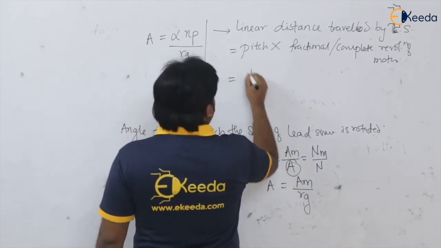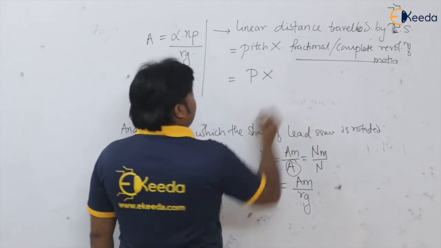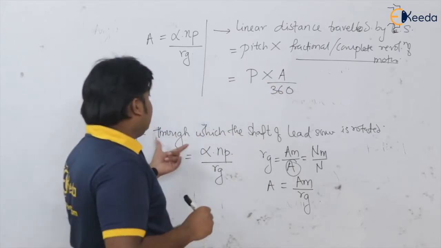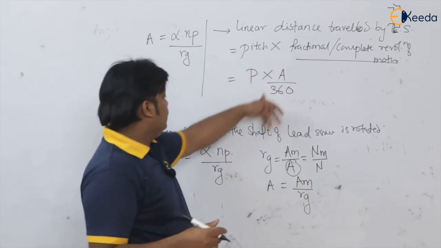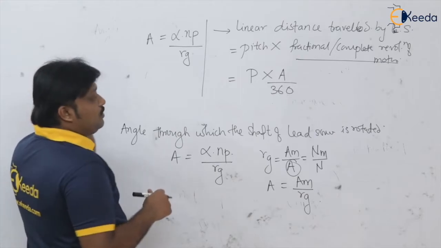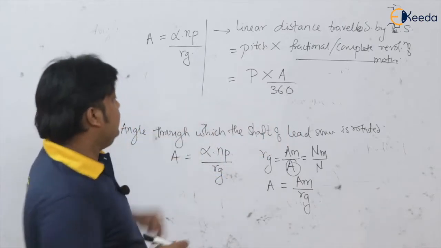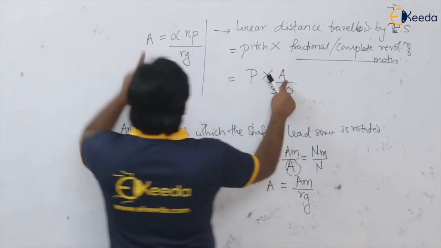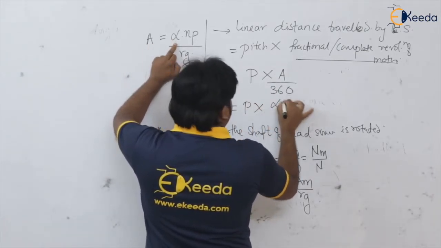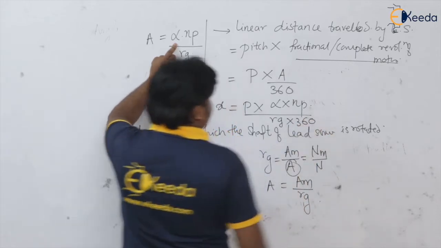The fractional or complete revolution of the motor is nothing but A divided by 360, where A is the angle through which the shaft of the lead screw is rotated, divided by 360 degrees. You will get the linear distance traveled, X. Now put in the value of A: X is equal to P into alpha into NP divided by RG into 360.